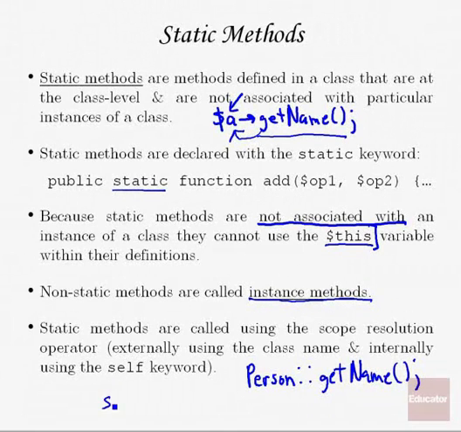Within a class method, we would call it using the self keyword. And again, note that we're using the scope resolution operator as opposed to the arrow operator because we're not accessing a particular instance of a class.